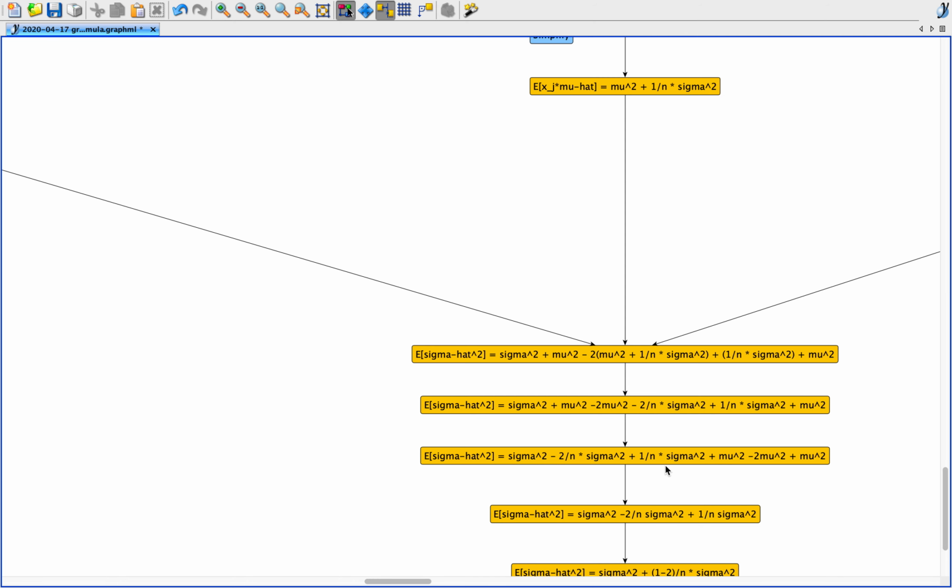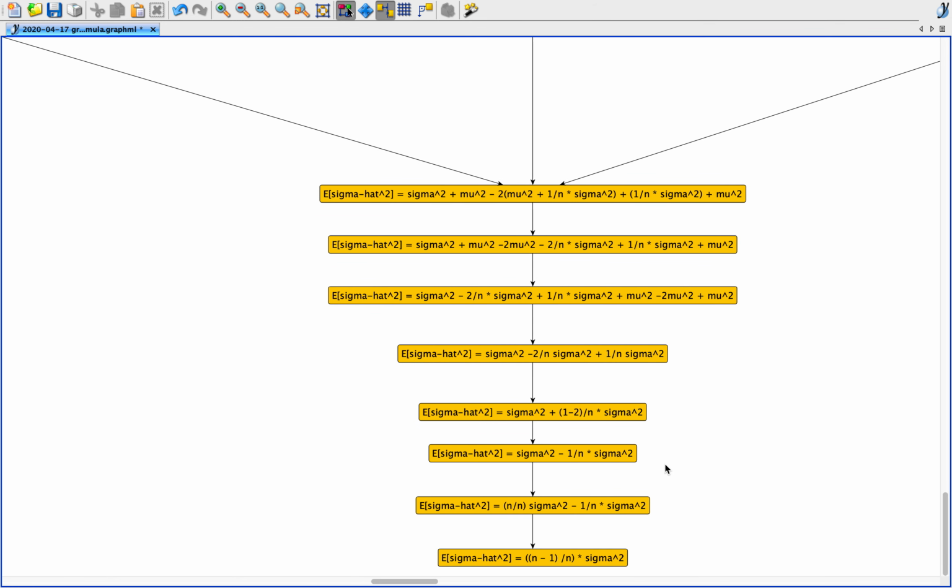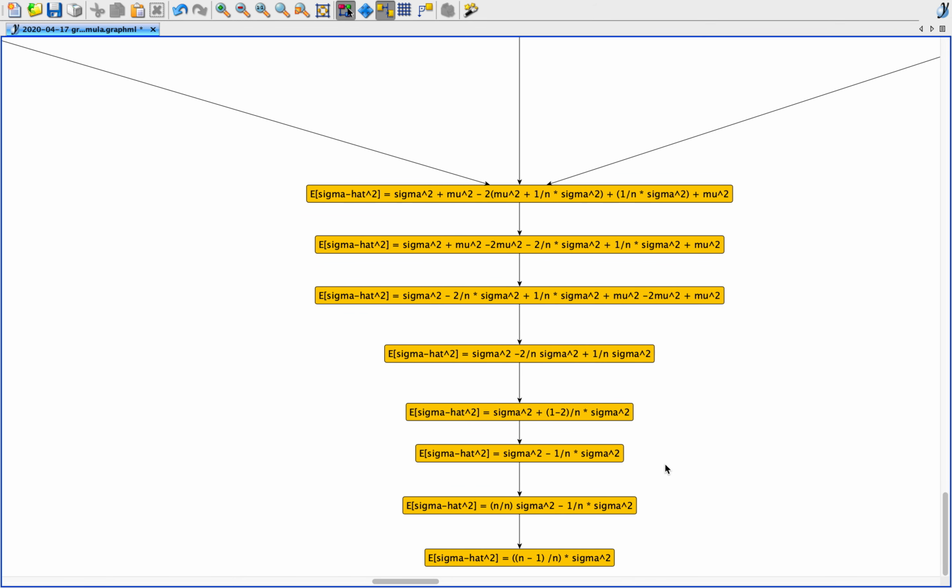And so we're just going to keep simplifying. We're starting by distributing this negative 2.